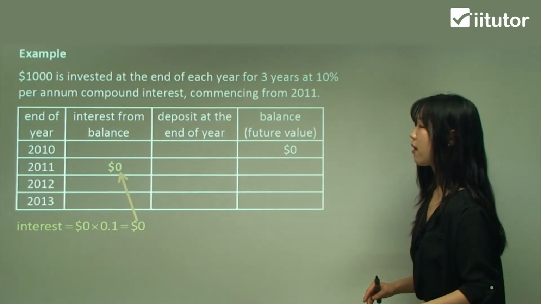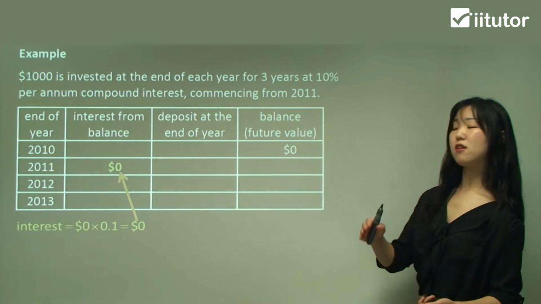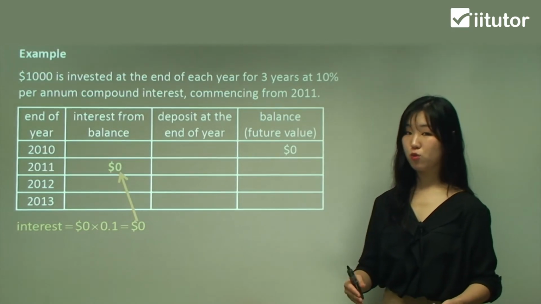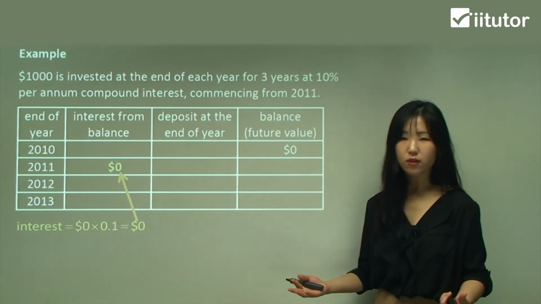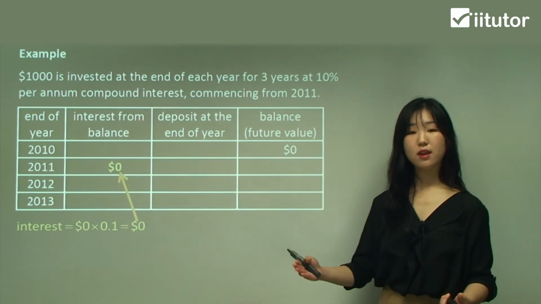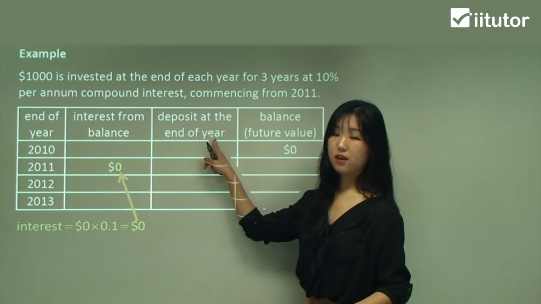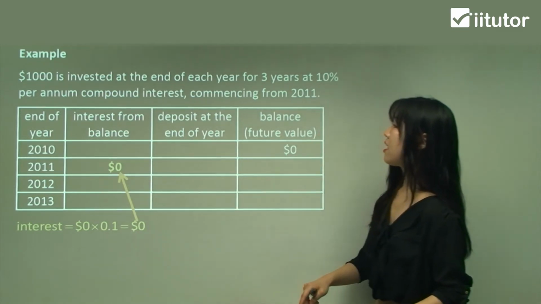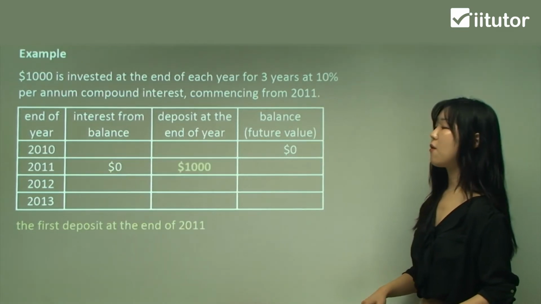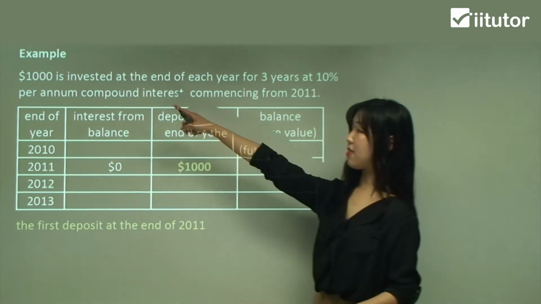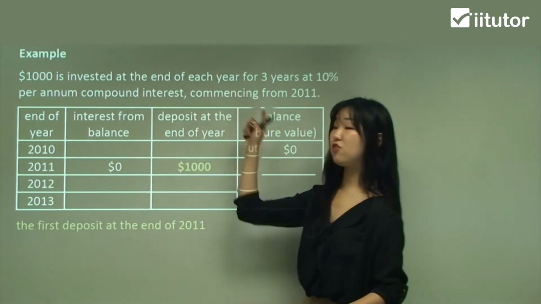So we start off with 0, and then at the end of each year, remember how I told you the contribution or deposit or payment or whatever you want to call it, should always be done at the end of each period. So that's why it's the deposit at the end of the year. So at the end of 2011, I'm going to be making a payment of $1,000. See how it says $1,000 is invested at the end of each year?